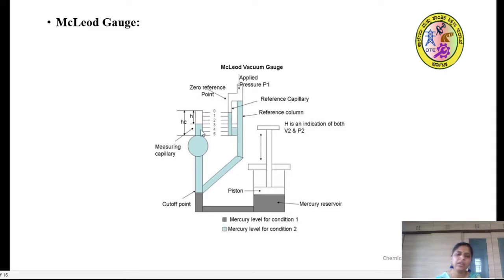After the compression process, the level is shown by the distance H. The measuring capillary is the cutoff point. This is the mercury level for condition 1, and this is the mercury level for condition 2. You can see the color variation shown here. Are you understanding? Understand it. Understanding the diagram is very important.